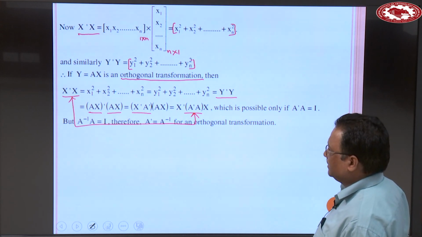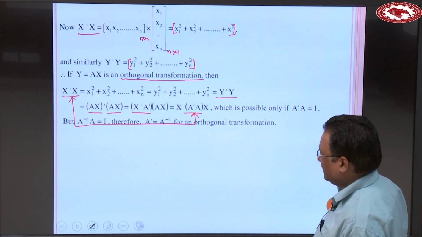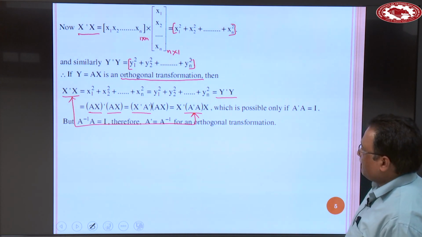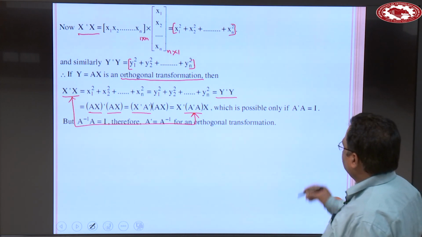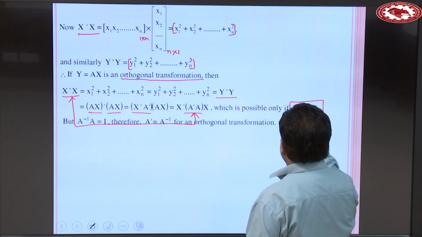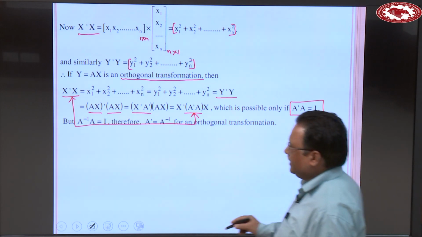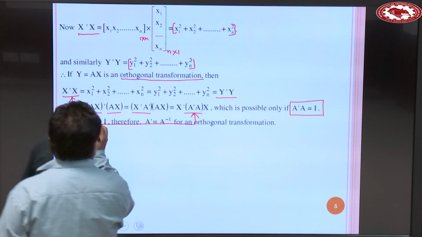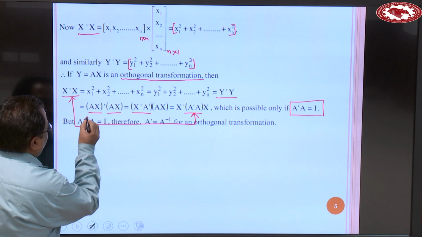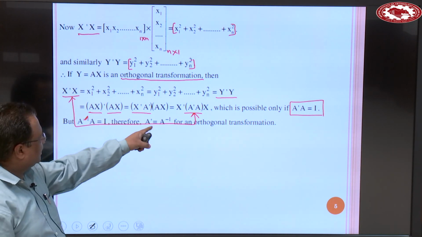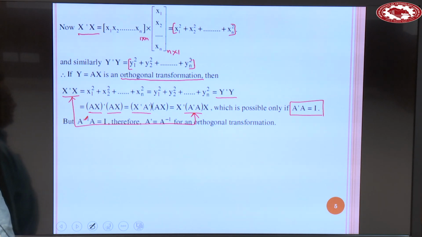A dash is equal to A inverse for an orthogonal transformation. Clear? So, here A dash A is equal to I. Therefore, A dash is equal to A inverse for an orthogonal transformation.